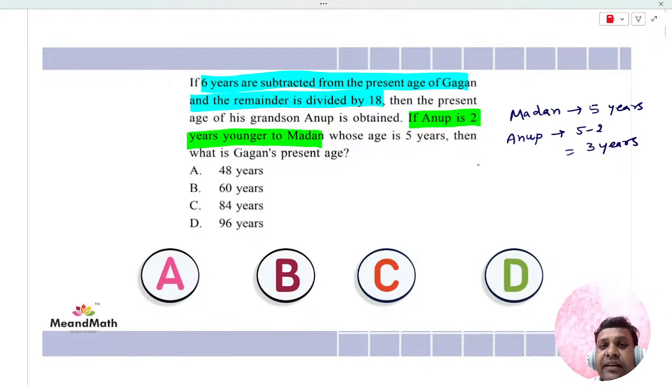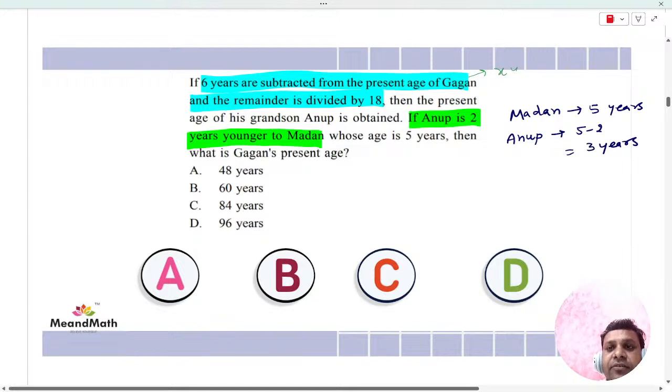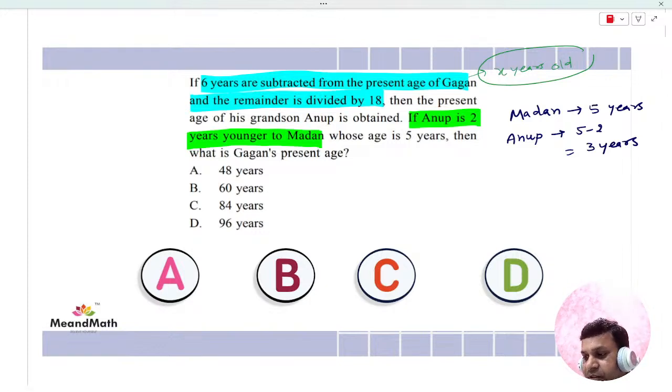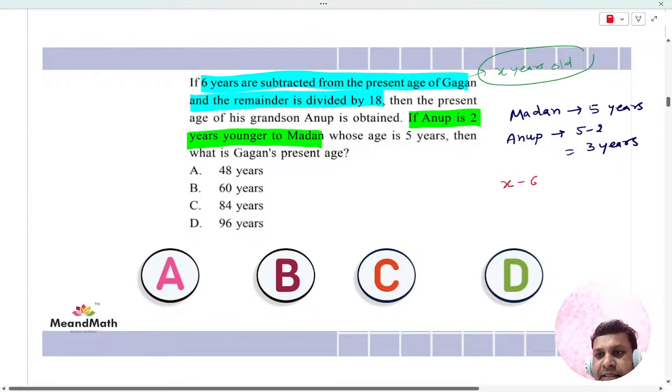This line says 6 years subtracted from the present age of Gagan. Let's suppose Gagan is X years old. According to the question, X minus 6 upon 18 is equal to Anup, and Anup is 3 years old.